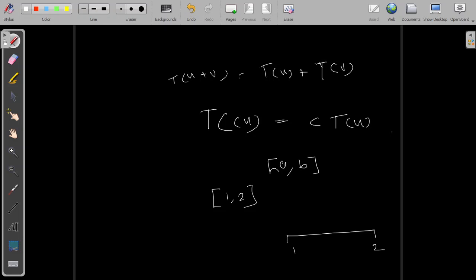There are infinite number of such functions between 1 and 2. For example, here I have joined 1 and 2 by a straight line.